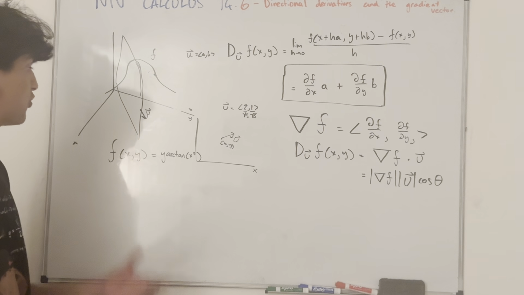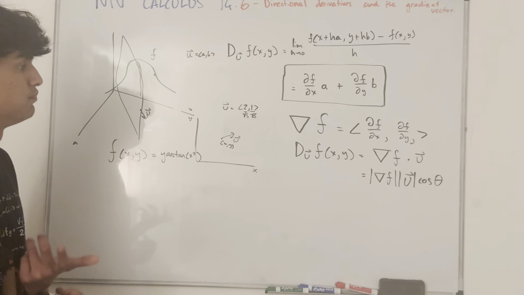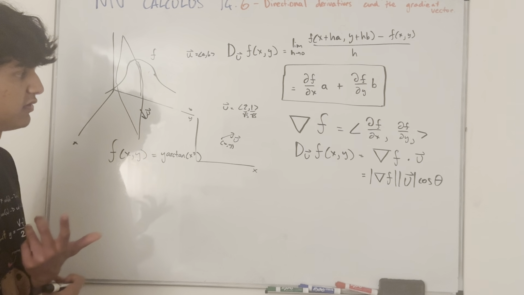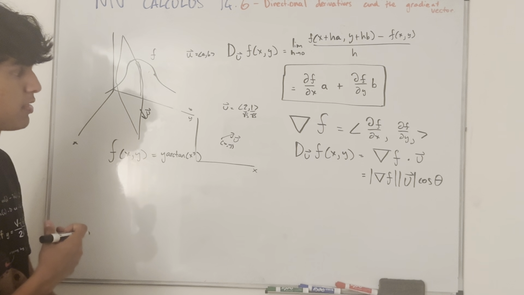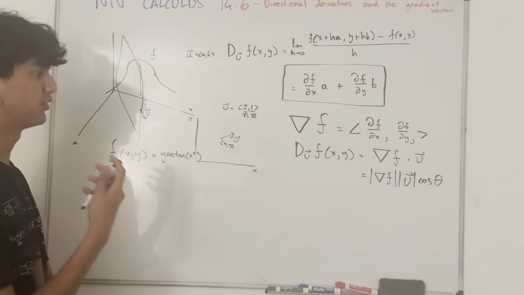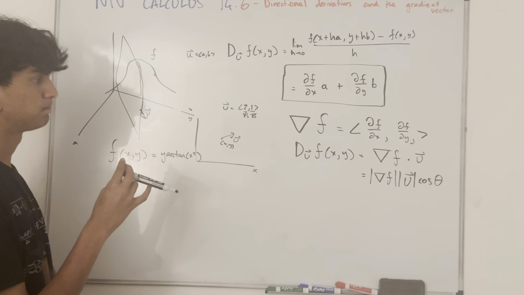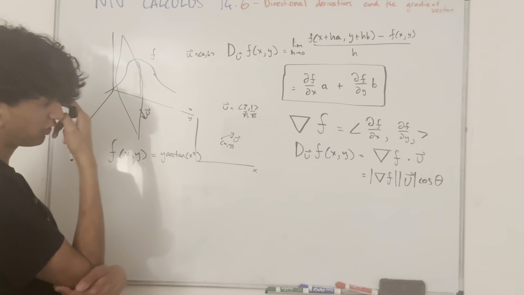Here's the deal. For this function of x, y, what's a good way to explain this? Sorry, give me a second here.